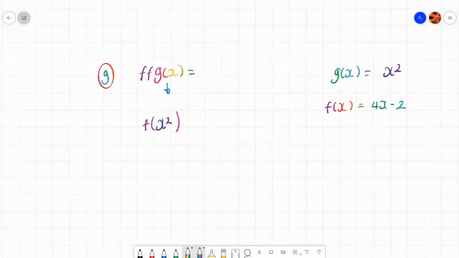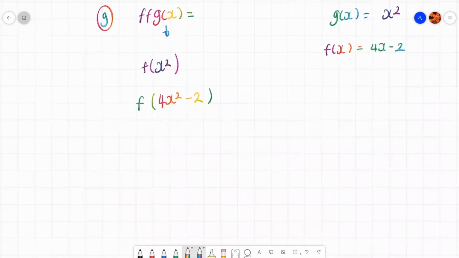So instead of x, I've got to replace it with x squared, so 4x squared minus 2. And then I've got to apply f to it again. Okay, and so instead of x, I've got to put in 4 times 4x squared minus 2 minus 2.